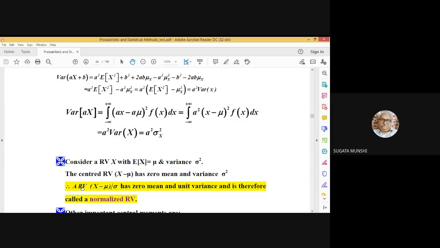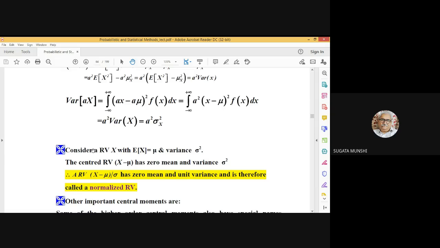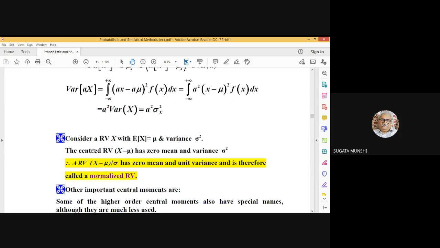A random variable x minus mu by sigma has zero mean and unit variance, and therefore it's known as a normalized random variable. There are cases where you have to go for a normalized random variable.